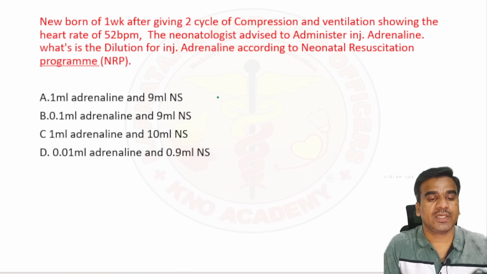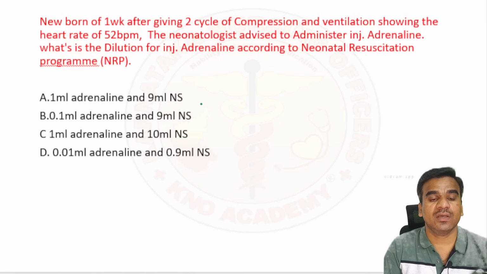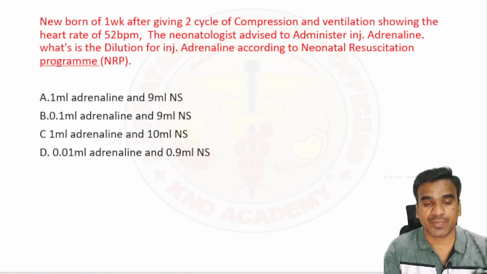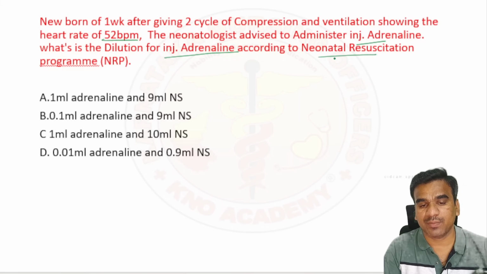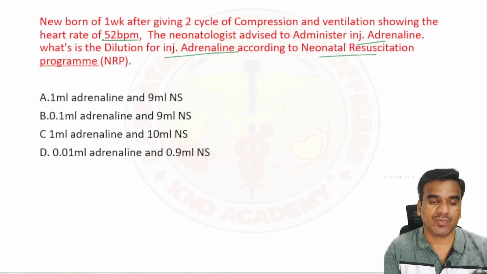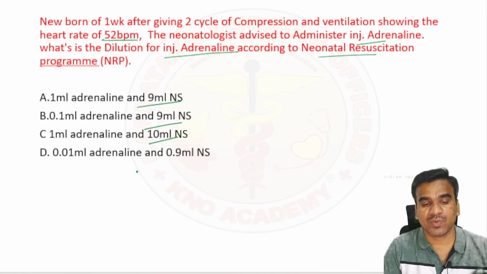Next question: a newborn of 1 week, after 2 cycles of compression and ventilation, shows a heart rate of 52 beats per minute. The neonatologist advised to administer injection adrenaline. What is the dilution for adrenaline according to the NRP, the Neonatal Resuscitation Program? Options: 1 ml adrenaline in 9 ml NS, 0.1 ml adrenaline in 9 ml NS, 1 ml adrenaline in 10 ml NS, and 0.01 adrenaline in 0.9 ml NS.